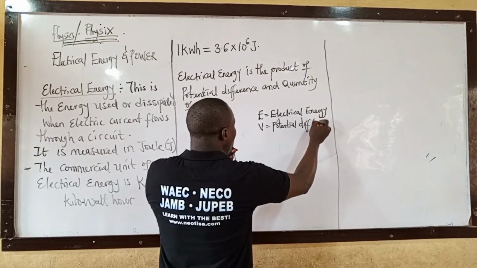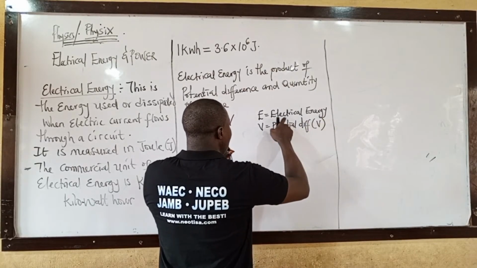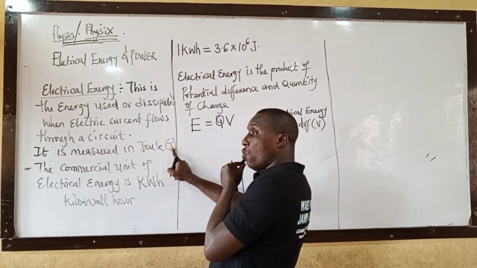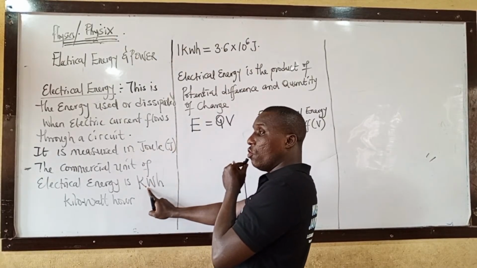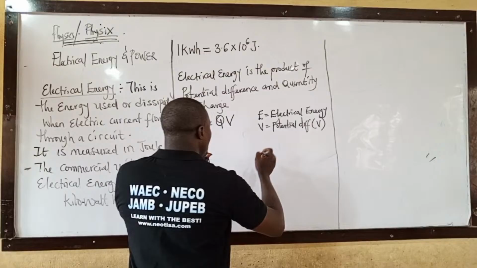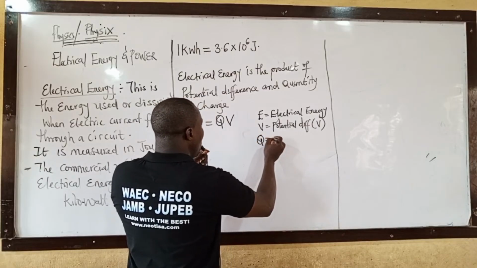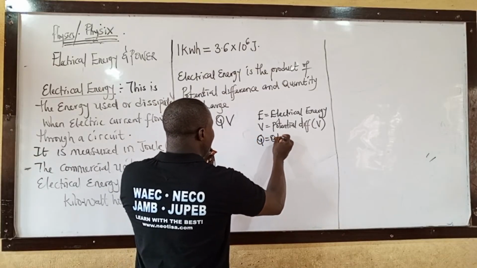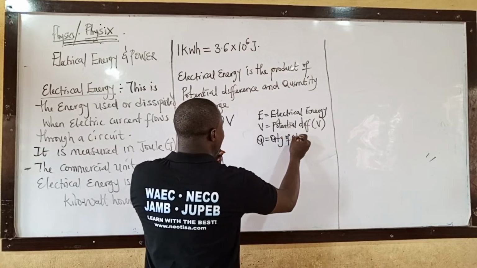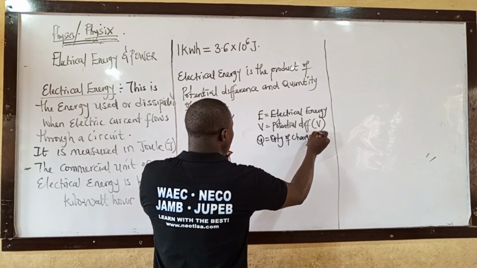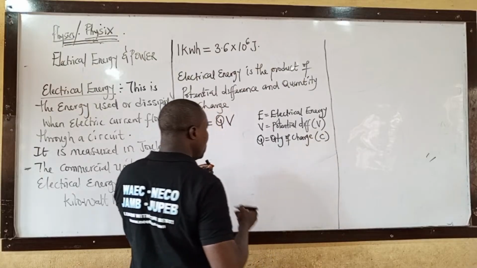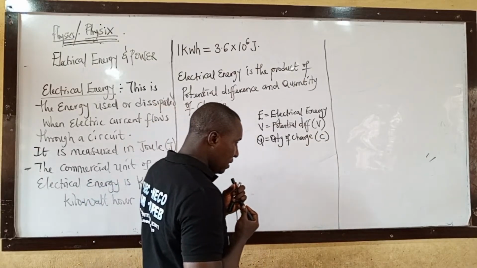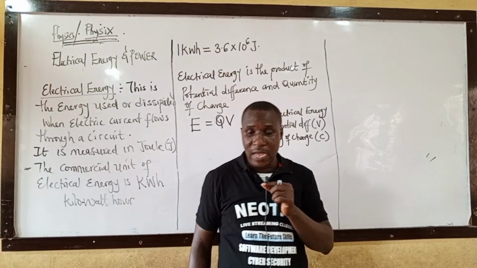The unit of potential difference is volts. Electrical energy is in joules. The commercial unit is kilowatt hour. Then Q is quantity of charge, and its unit is coulomb. Take note of that.